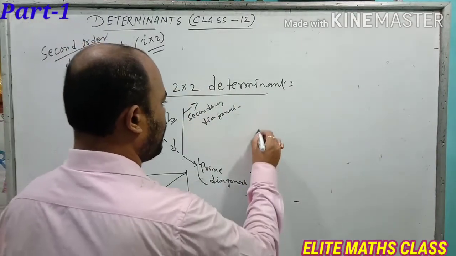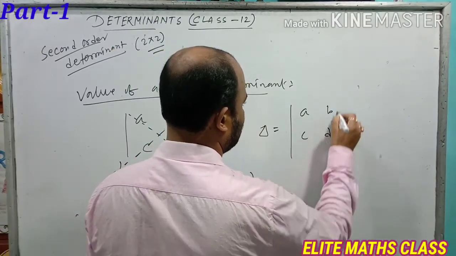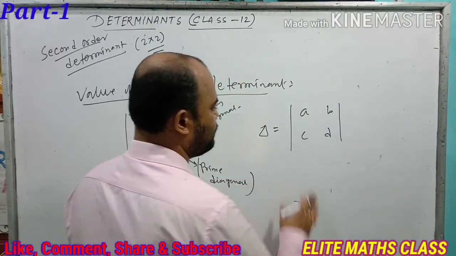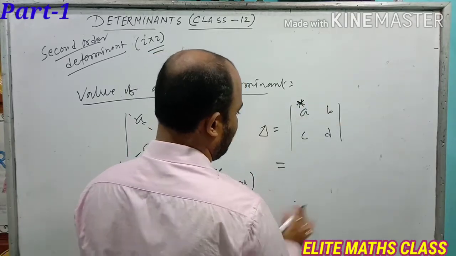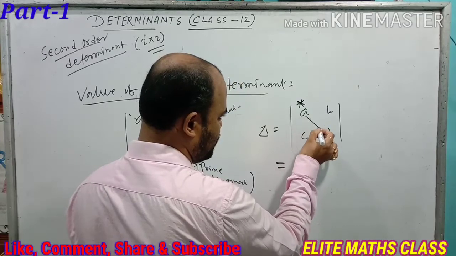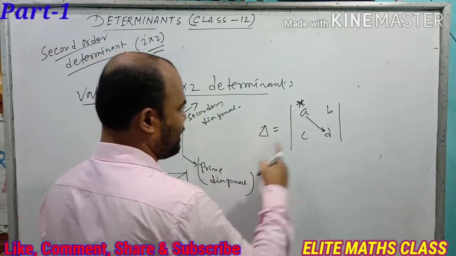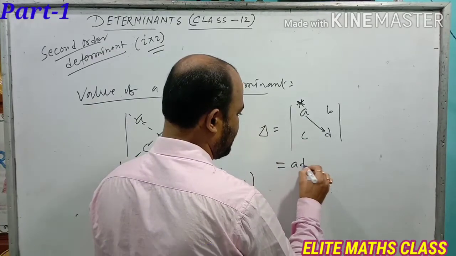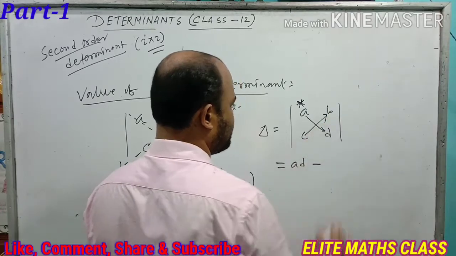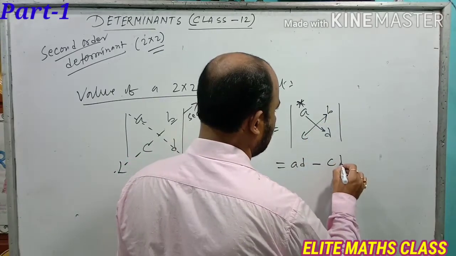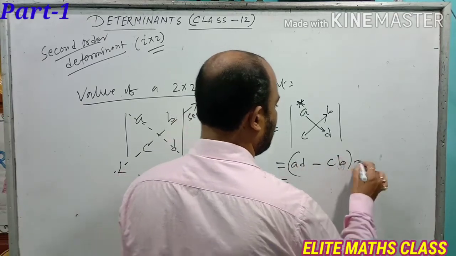Okay, now see how the value of a 2 by 2 determinant is found. Say this is the 2 by 2 determinant, this is the starting position, always remember. Then the value is calculated by cross multiplication of the prime diagonal elements, so it will be AD, then minus the product of the secondary diagonal elements, CB. So AD minus CB is the value of the determinant.